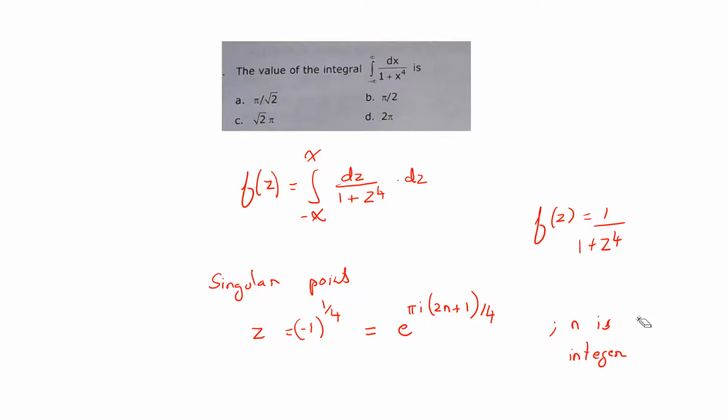Now here we have, in the upper part of the circle of radius 1, 2 points that satisfy this equation.